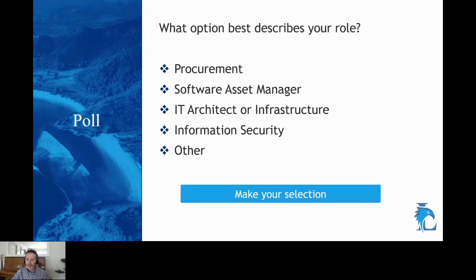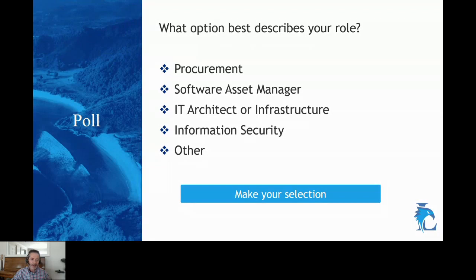I'll give you a quick summary on the results. Most of you are coming in as software asset managers. There's a few others. I'm surprised there aren't too many from the IT architects and infrastructure side. That's okay. So right now, the SAM guys are winning. There'll be another poll later, which you've probably already gotten an early view of.